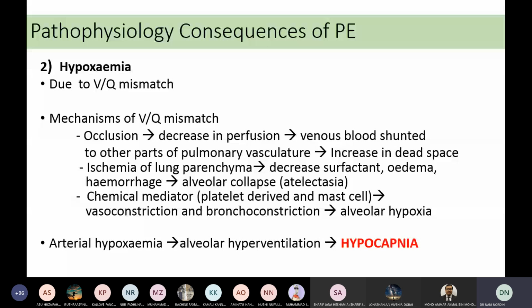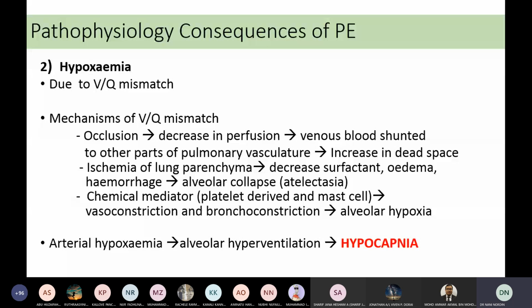Because the blood flow is very little, and it is non-oxygenated blood that meets the alveoli to get oxygen from the ventilation.